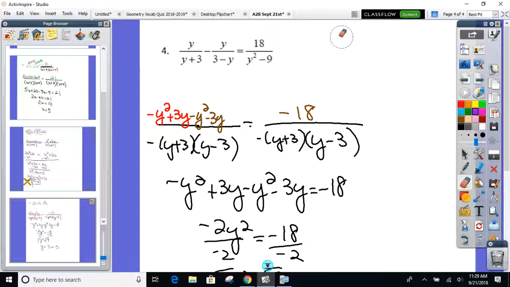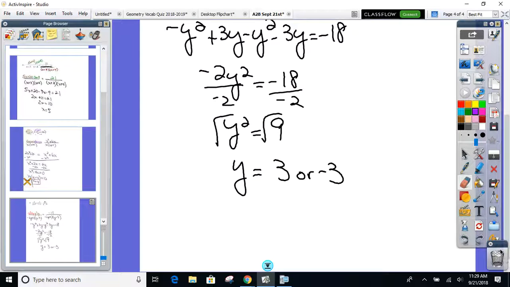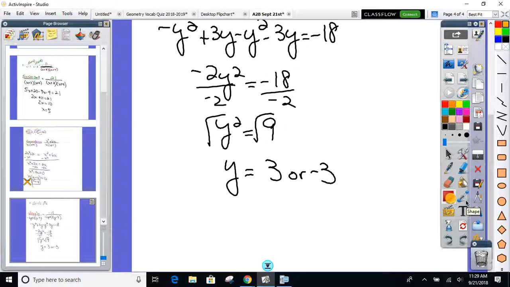You got an answer of negative 3. Problem. Why is negative 3 a problem? Yep, sorry to cut you off. Everyone see that? Plug in negative 3, it equals 0. Sorry, negative 3 can't be an answer. You will get rejected.